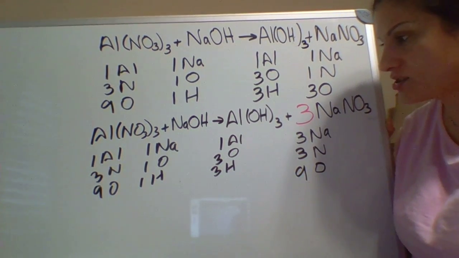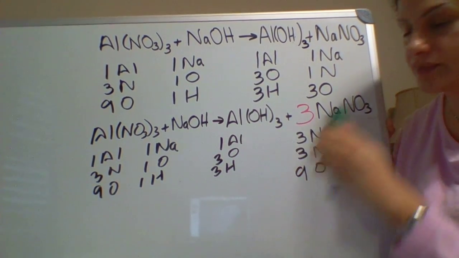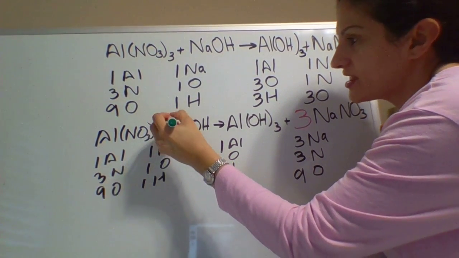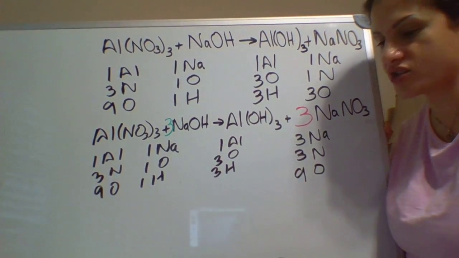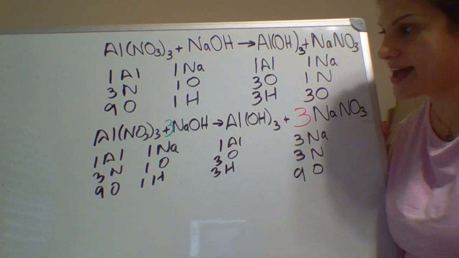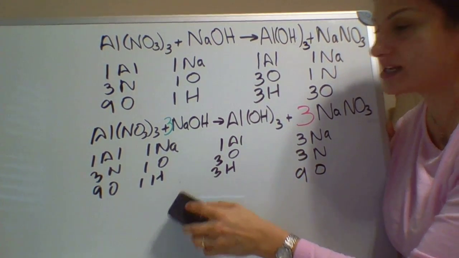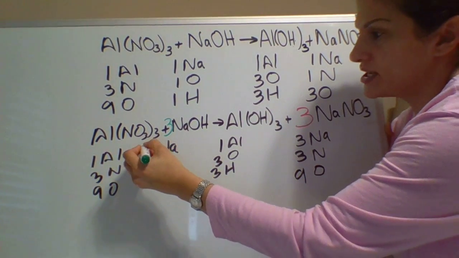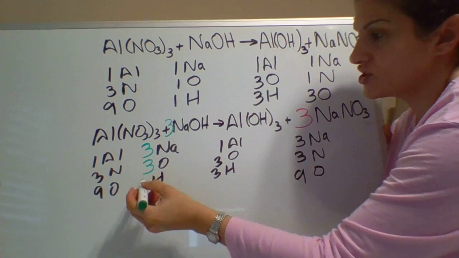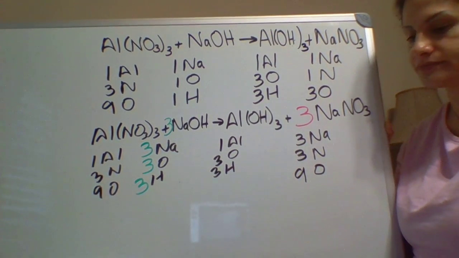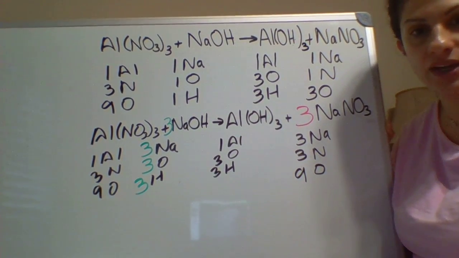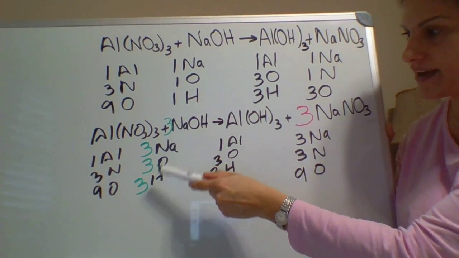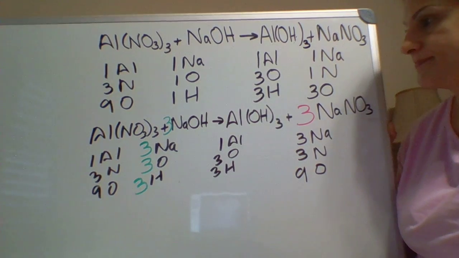So the next thing to do is to put a 3 before the sodium hydroxide. And that is now going to change all these numbers. It is going to change it to 3 sodium, 3 oxygen, 3 hydrogen. Okay, so by putting the 3 there, in order to balance the sodium, we've affected the oxygen and the hydrogen.